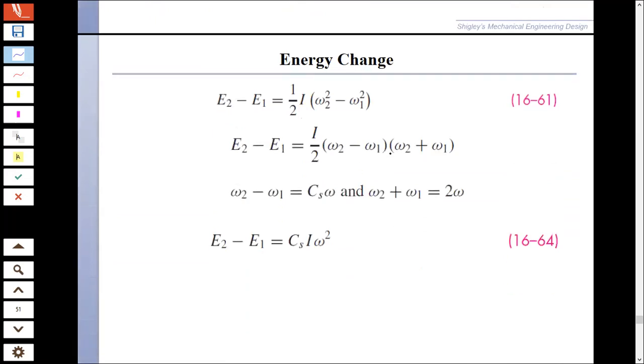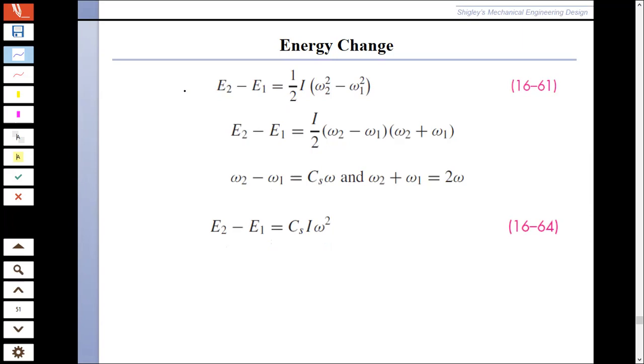Now, in order to look at this, let's say that there is this delta E, which is equal to E2 minus E1, and that is half I (omega 2 square minus omega 1 square). Now let's write this in another way.